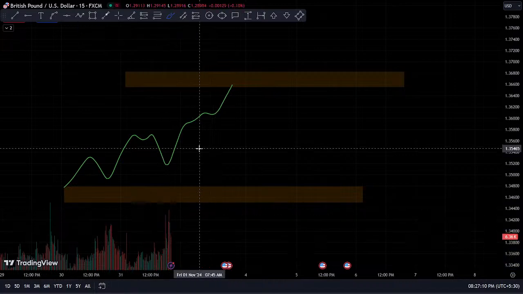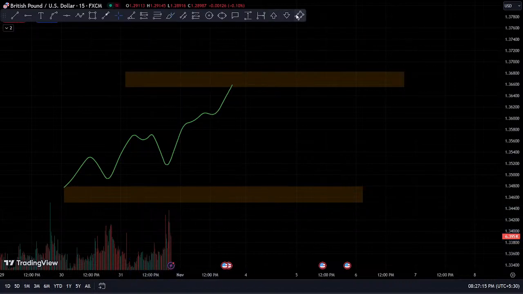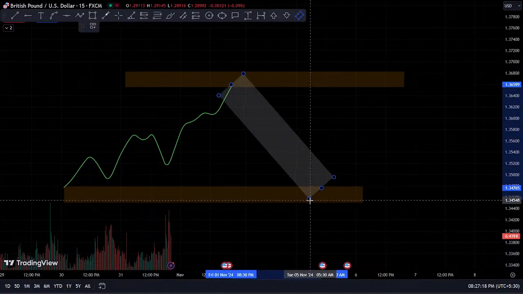If there is an involvement of lots of volume, then I'm not going to trade the pullback phase.